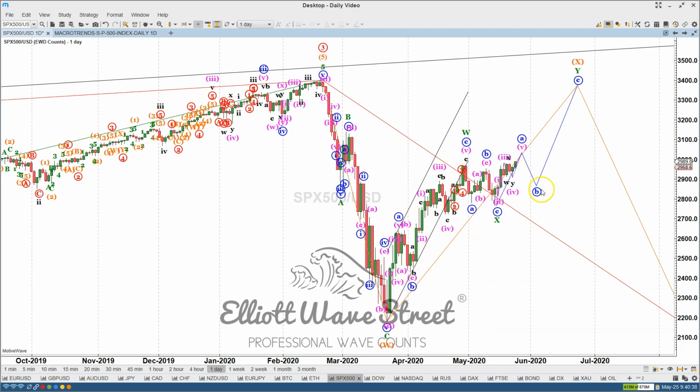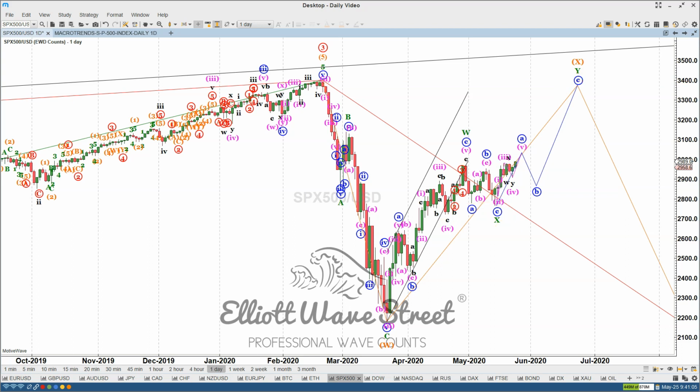Now that everything is more clear on the S&P, I have a target at the previous high, 3,400 area. All right, and this is a daily chart. That's my new target. So it's true that I noticed that we were going up, not here, actually here, and it's enough to make some good money.